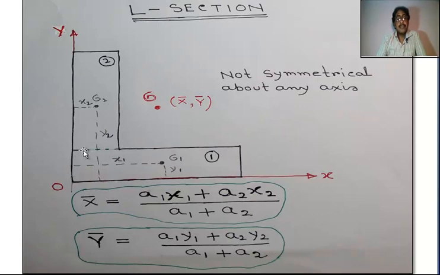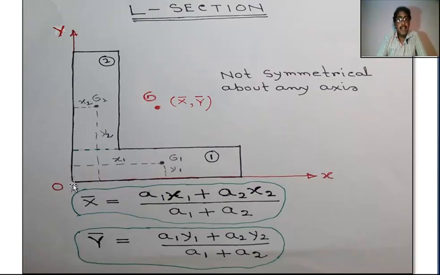It is joined by dotted line. This area is A2. It is marked as number 2. This area is A1. This is marked as number 1.